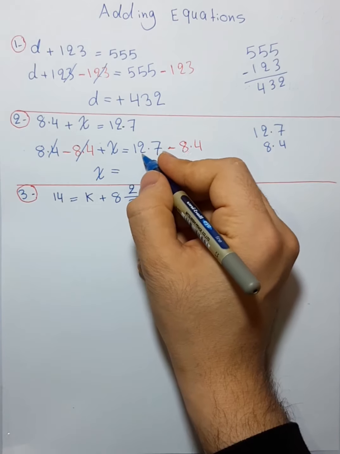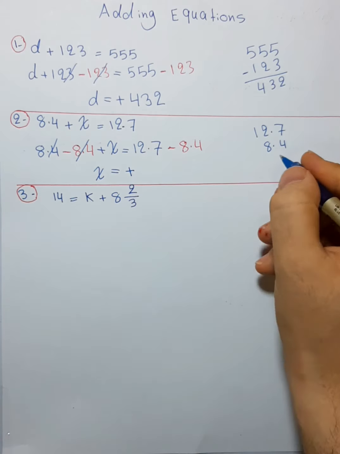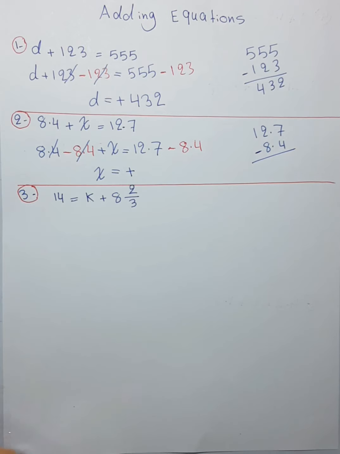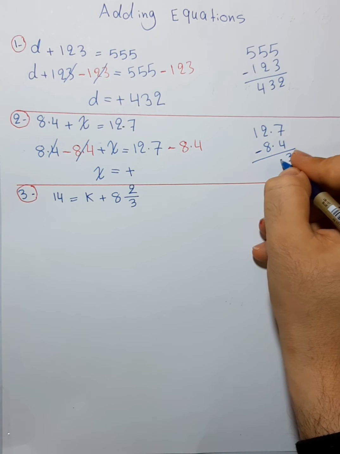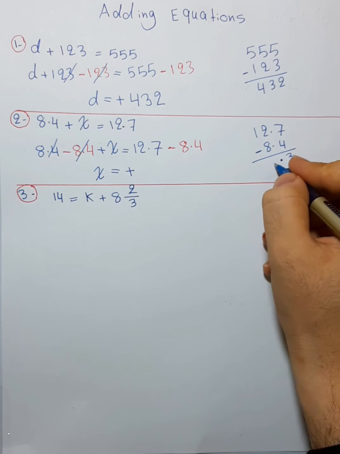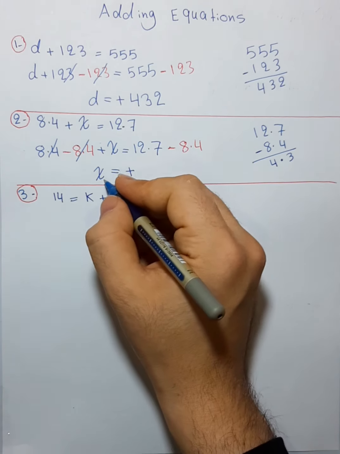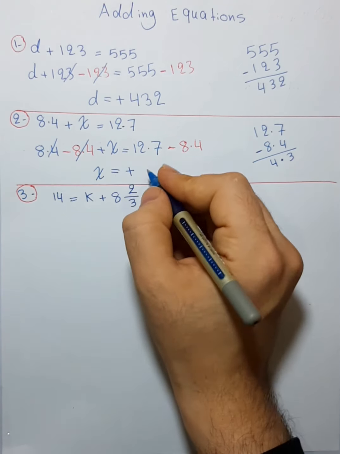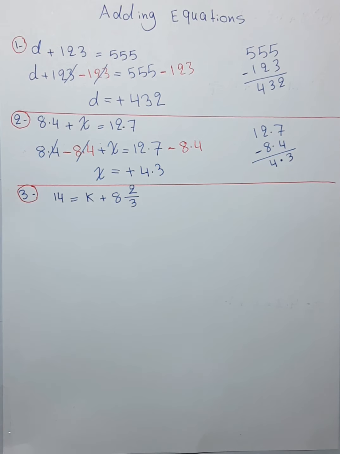The large number is 12.7 and 12.7 is positive. We get positive, but we have to subtract these two numbers. 7 minus 4 equal to 3. Write decimal point. 12 minus 8 equal to 4. So x, or variable of x, equal to positive 4.3 or 4 and 3 tenths.